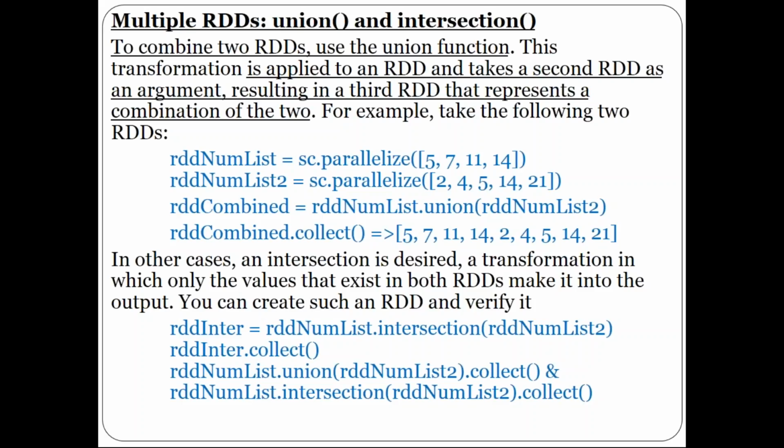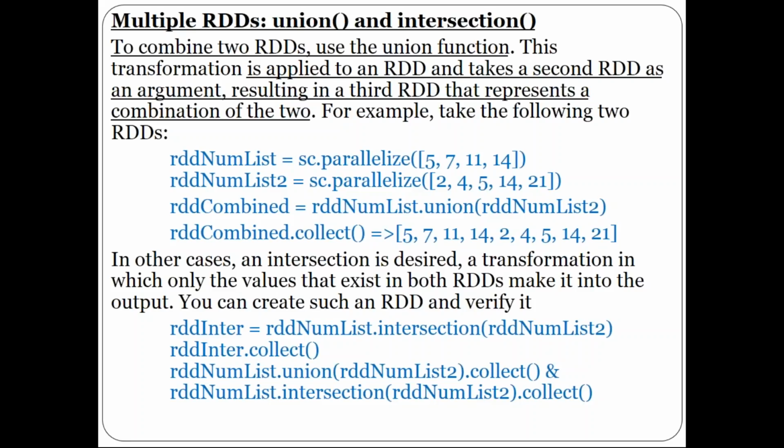Now, to combine two RDDs, use the union function. This transformation is applied on an RDD and takes the second RDD as an argument. I repeat, understand the core way of working. Argument means this one must be compared with that one.